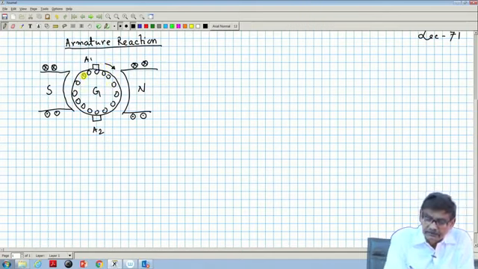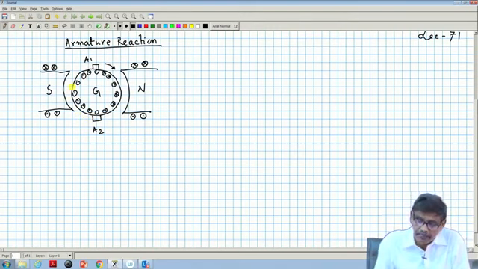Then these dots will be the direction of the EMF as well as current. This you must understand when the armature is loaded. So, this side under the north pole will be all cross, and this side under the south pole will be dot.